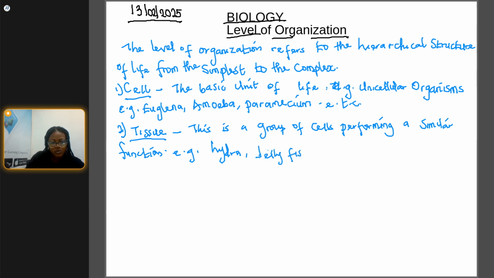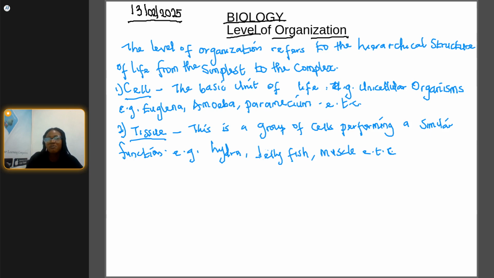We have the jellyfish, we have the mussel, okay, etc. Also in plants, we have plant tissue as well. There are some tissues in plants also, right?